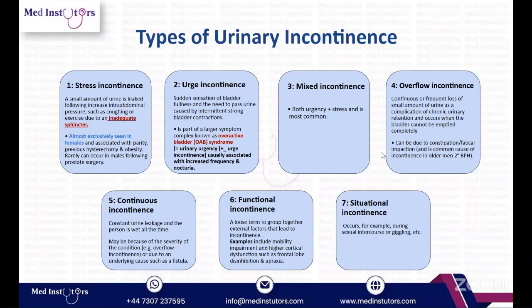BPH causes outflow obstruction of the urine, and as a result, the patient has incomplete emptying of the bladder, which later on leaks on and off. Whereas in continuous incontinence, the patient is wetting all the time. The urine is leaking all the time.